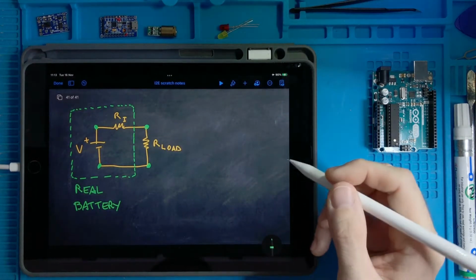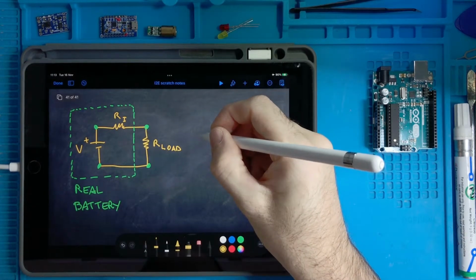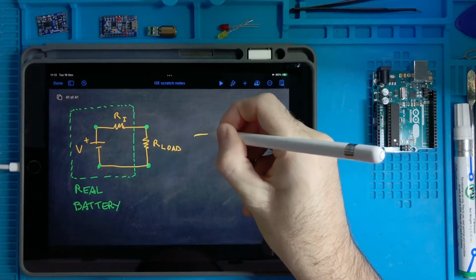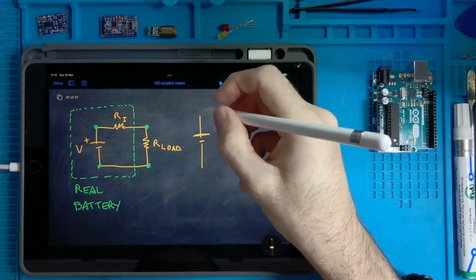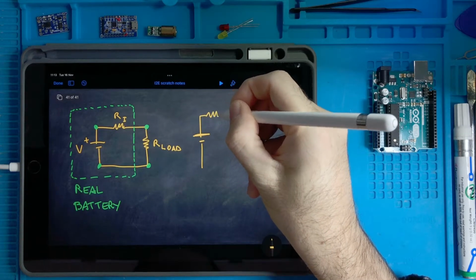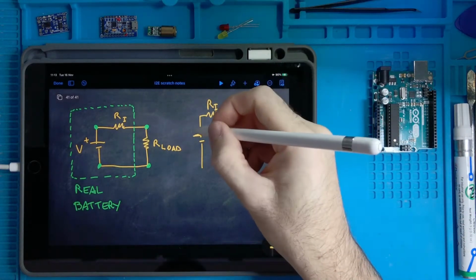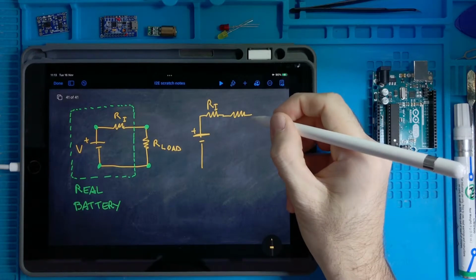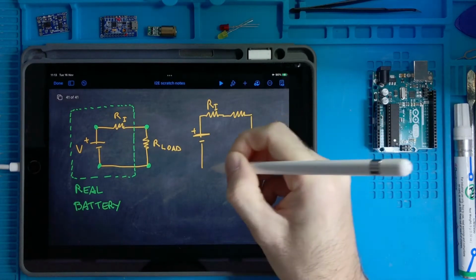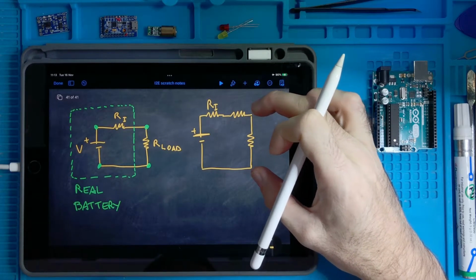So in principle we can do this. We can take our real battery with its own internal resistance that we cannot eliminate. Then we put another resistor and then our load, which is the thing at which we want to regulate the voltage.